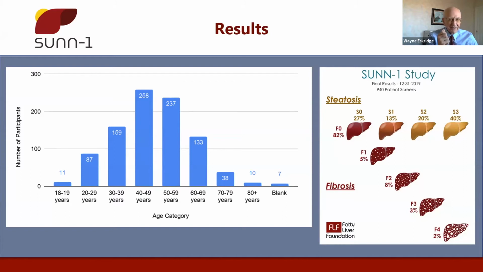And if you look at some of the results there on the right, you can see that 73% of these people had liver fat. So they have steatosis as measured by the FibroScan, which is a huge number. It's a shocking number to think that 3/4 of the population actually has a fatty liver.